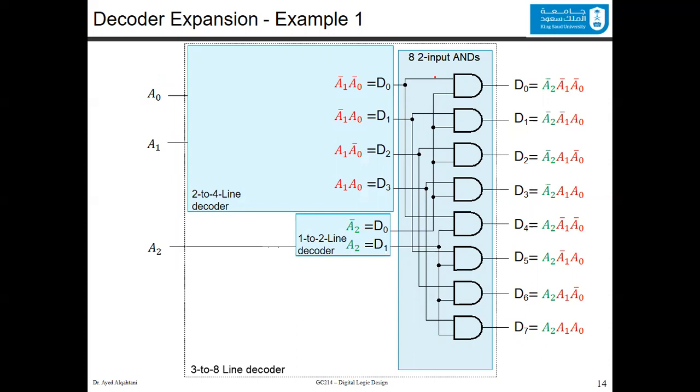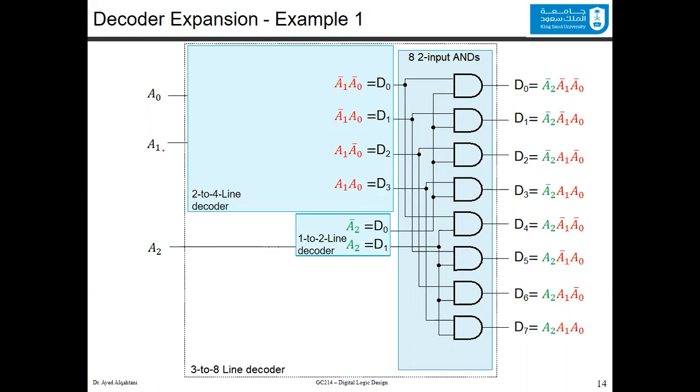Of course, you will have these connections to get the respective minterms by doing the following. We know that in the 2 to 4 line decoder, each one of the outputs has its own corresponding minterm.